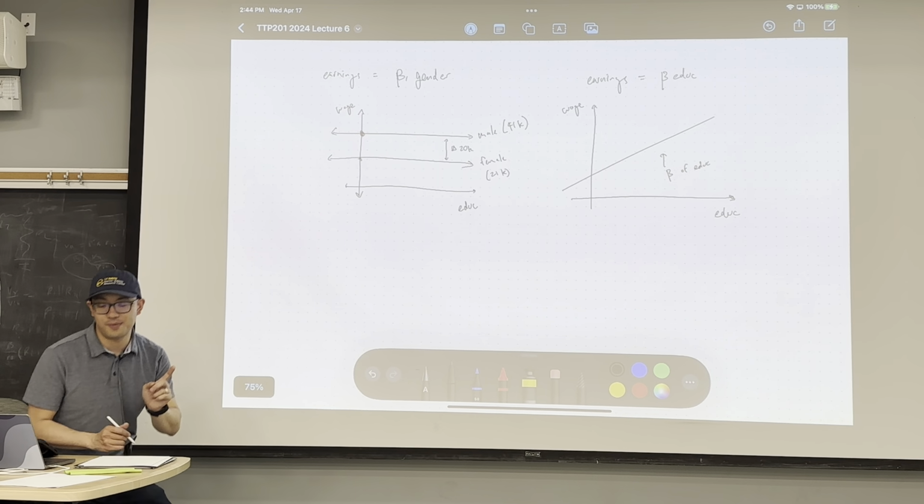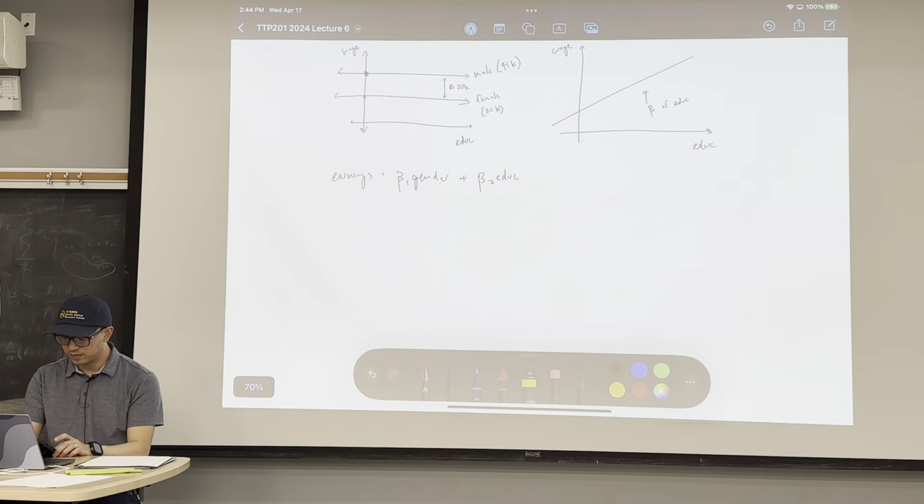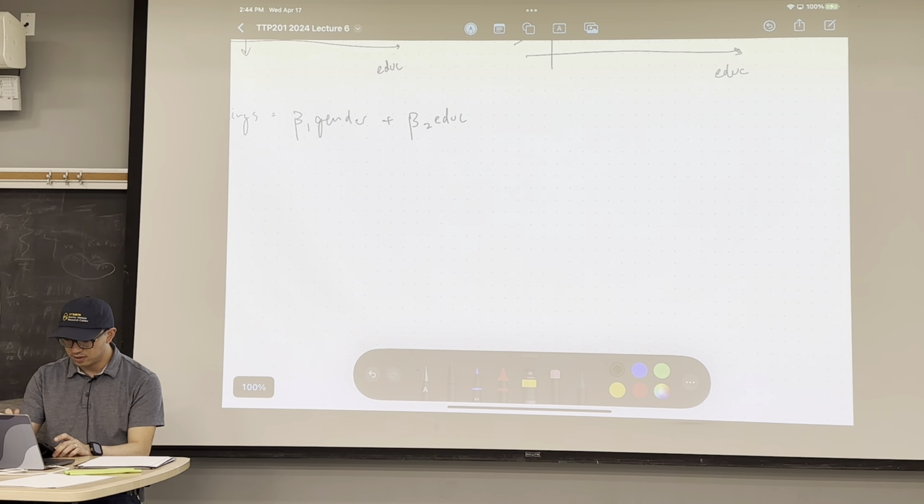But what if it were in the model? So what if I did earnings is equal to beta 1 gender plus beta 2 education?